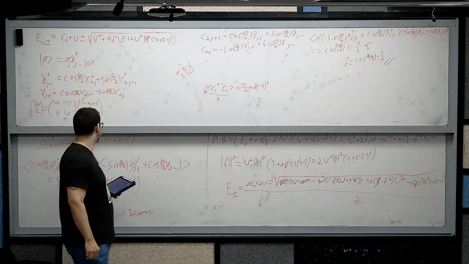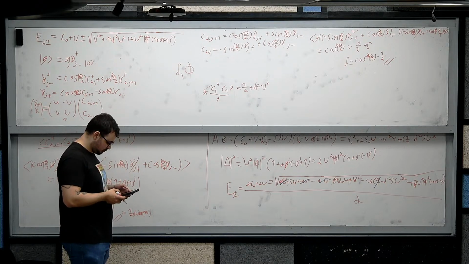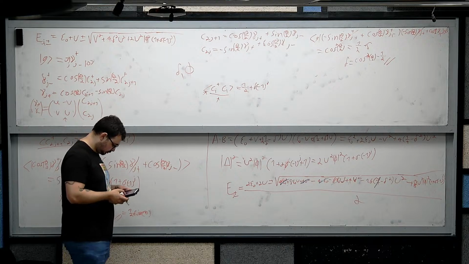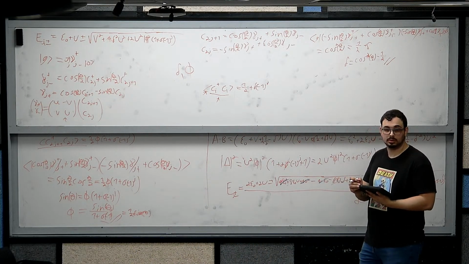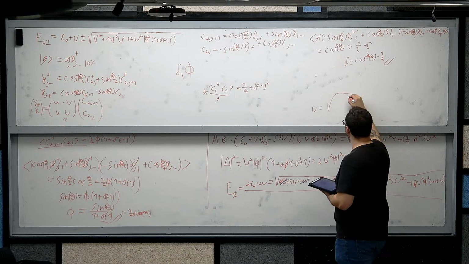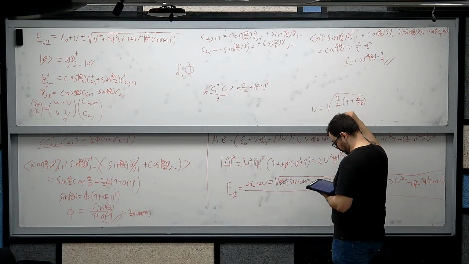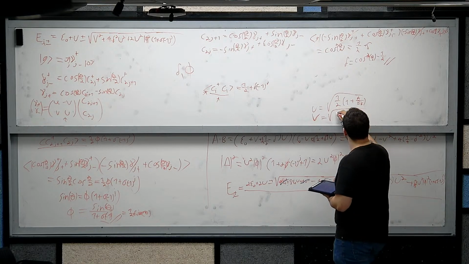So if you like the BCS, it will be the same as in the BCS, where you got u equals the square root of 1/2 times 1 plus v divided by k, and v equals 1/2 times 1 minus v.